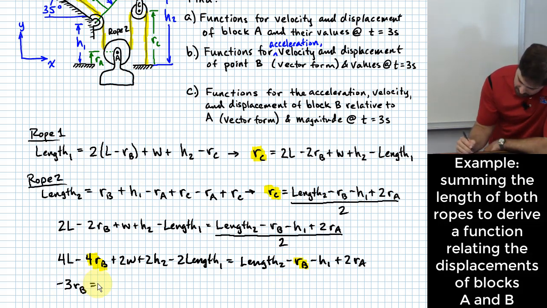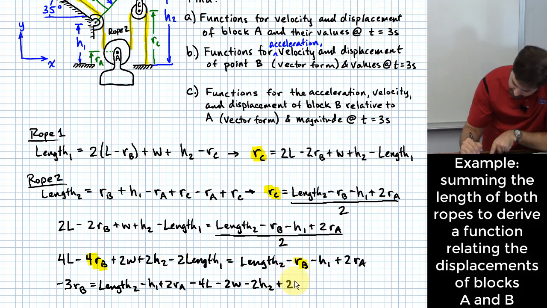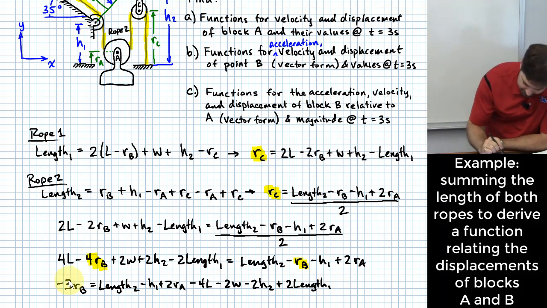And this is going to be equal to length 2, okay, minus H1 plus 2R sub A, okay, minus 4L minus 2W minus 2H2 plus 2 length 1, and I divide through by -3.